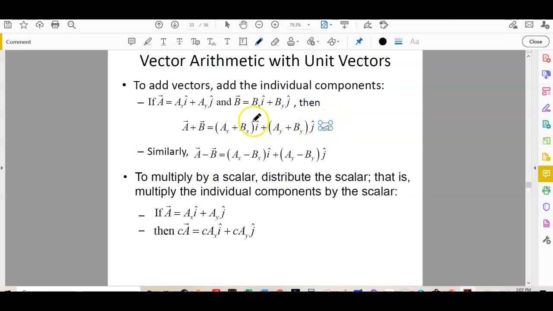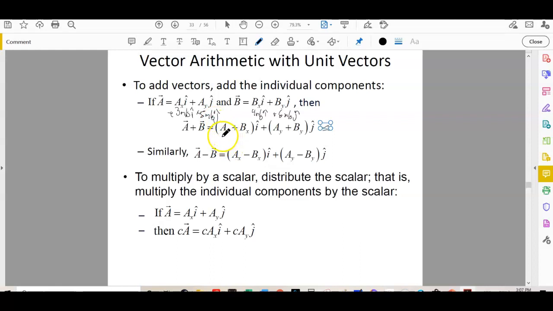So what did I say that was? If this was 3 meters per second, and this was 5 meters per second, and they're up and up, this will be i hat, and this will be j hat, and then we write 4 meters per second i hat, and this is plus 6 meters per second j hat.